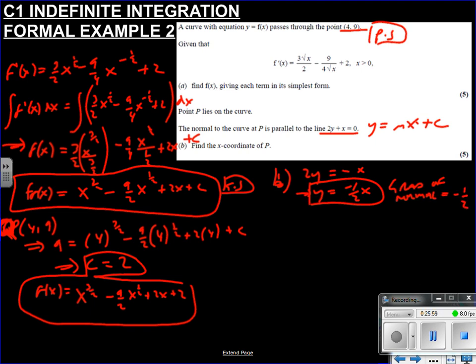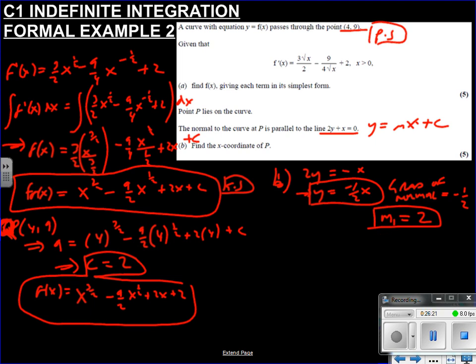So just pause the video and do this by yourself if you think you can do it, and then go back with me, okay? So the normal to the curve at P is parallel to that line. So that means the regular gradient m1 must be minus 1 over that. So the regular gradient must be 2.